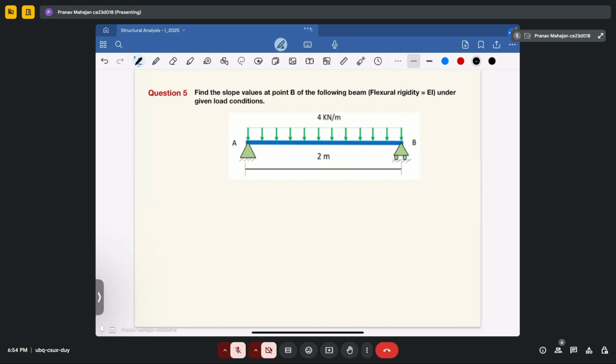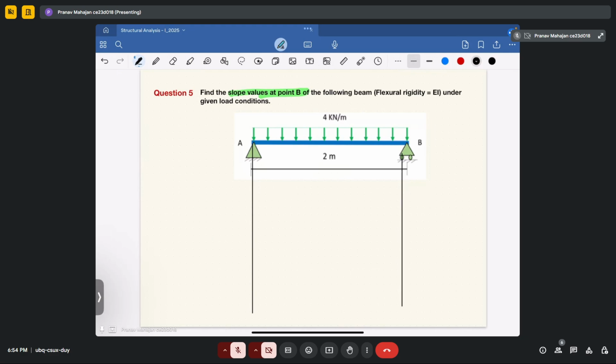So the next problem is telling you to determine the slope at point B. So you have to find the value of slope at point B using the given load conditions. In this case, you are provided with a simply supported beam subjected to uniformly distributed load over the whole length of the beam.